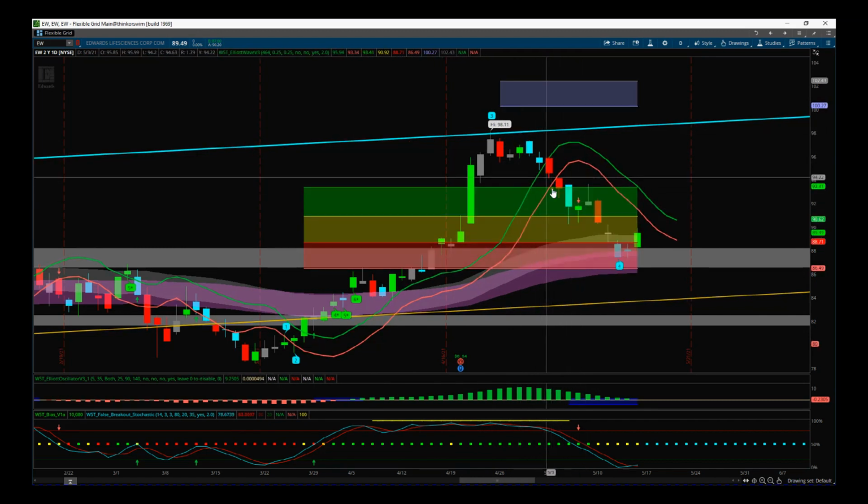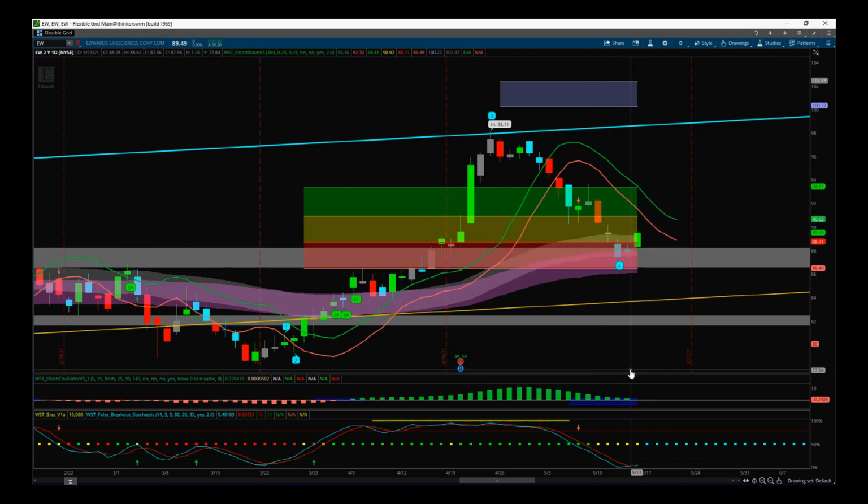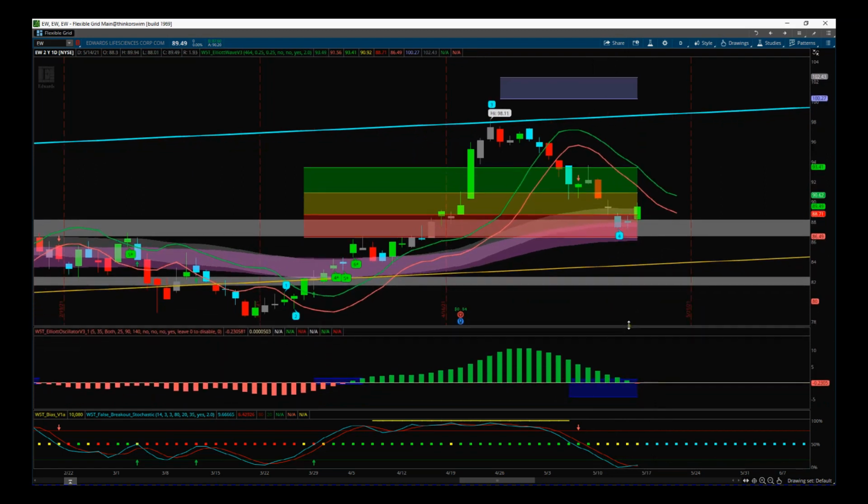Now what's happened is that behavior has found support here, both non-linear in that 89 EMA cloud and the linear here on this support and resistance zone. We can measure that wave four pullback, that profit taking behavior, and say yes, it's in the red zone, yes, it's in the linear support and resistance zone, yes, it's found support in the 89 EMA cloud, which is part of that swing trading bundle.